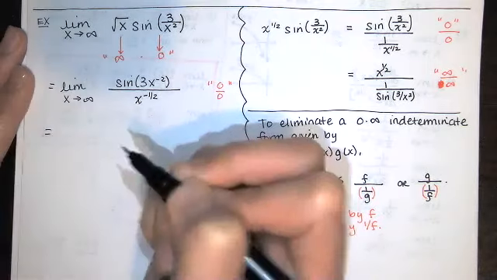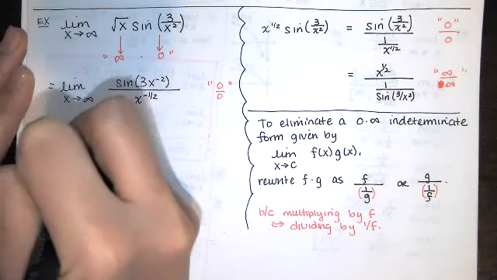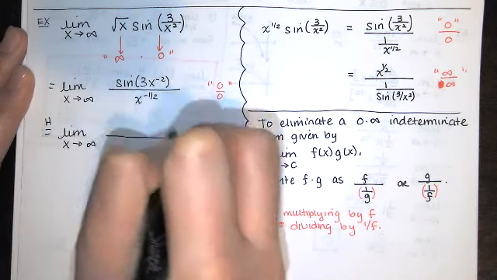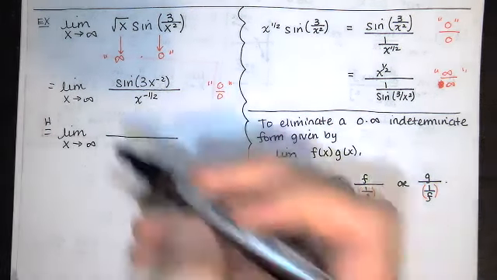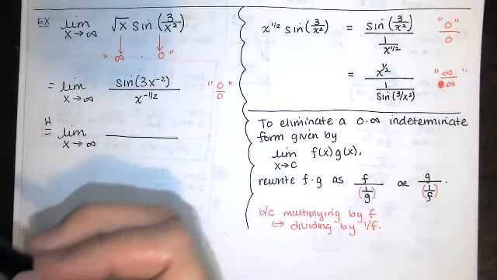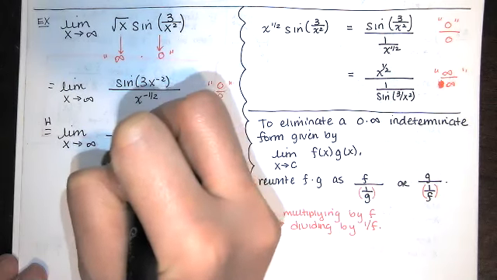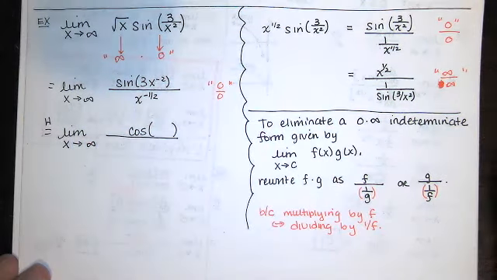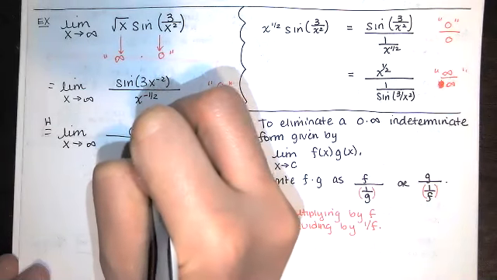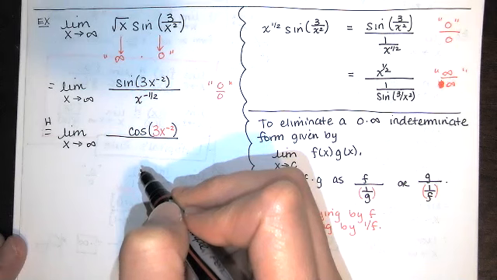So according to L'Hopital's Rule, this limit is equal to this limit. I take the derivative of the numerator. Well, that requires a chain rule. I have sine of a function. The derivative of sine of a function is cosine of that function, times the derivative of the inside by the chain rule.